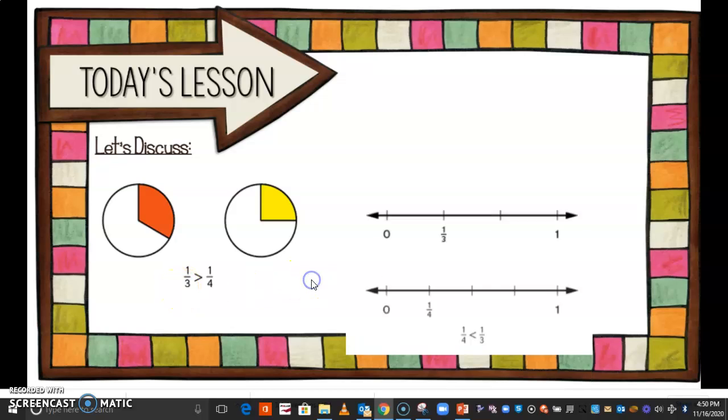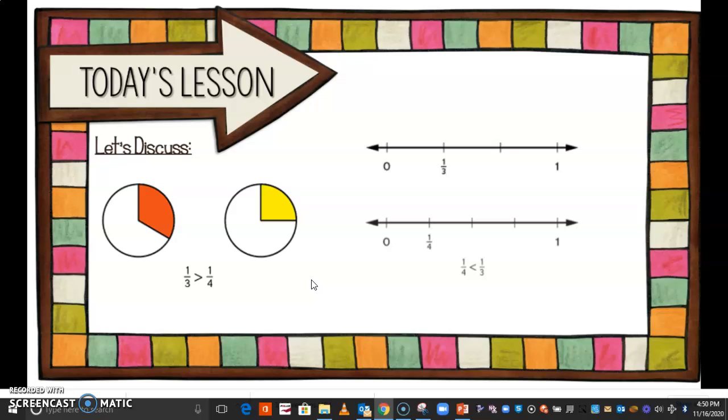If you're using the number line, zoomed in, this is what it would look like. We have 1/3 here, 1/4 here. If we drew that straight line down, we would see that 1/3 is more than 1/4.